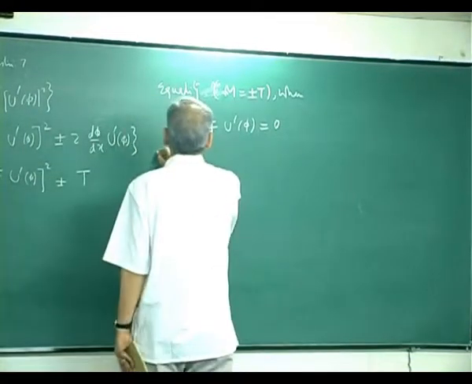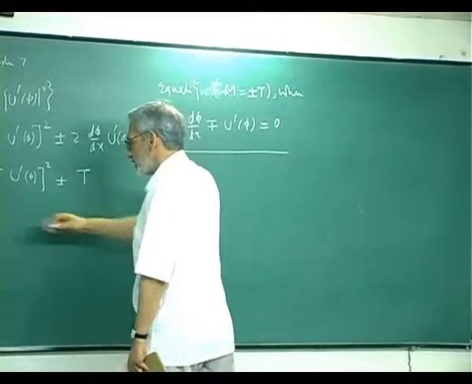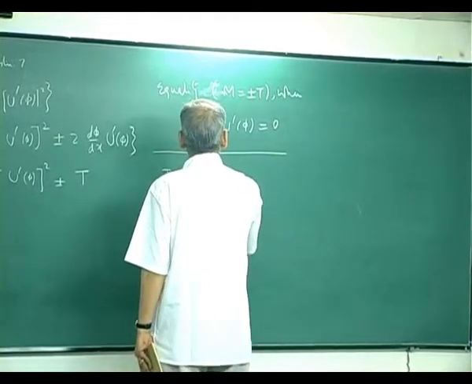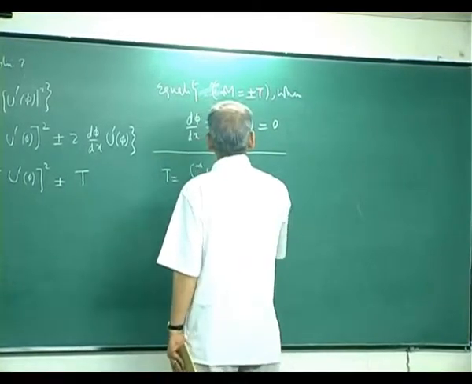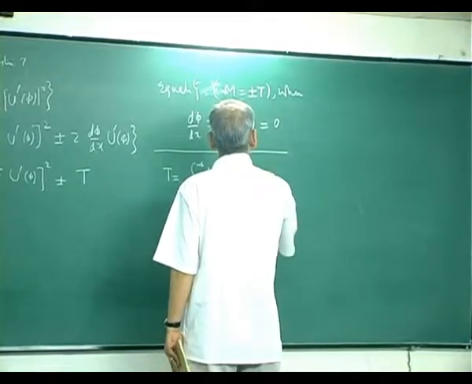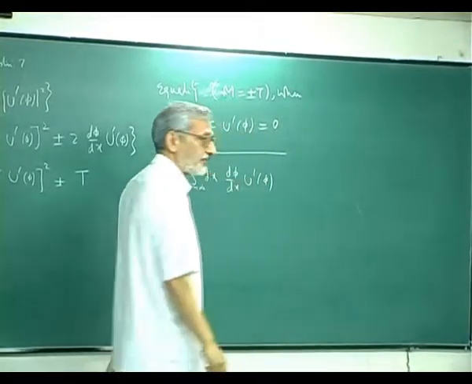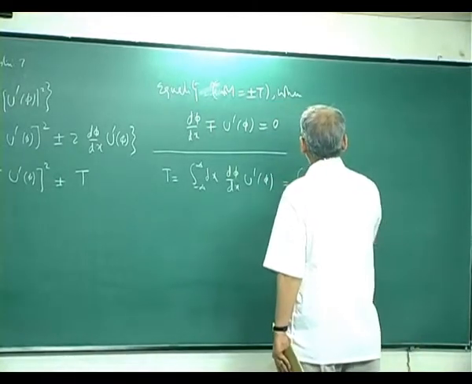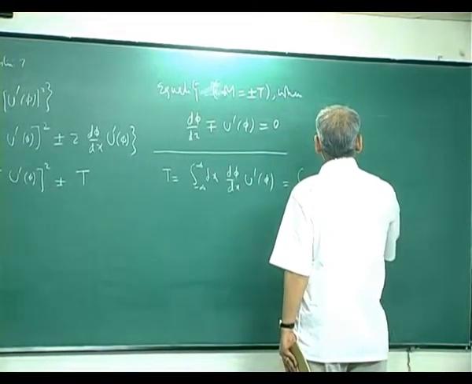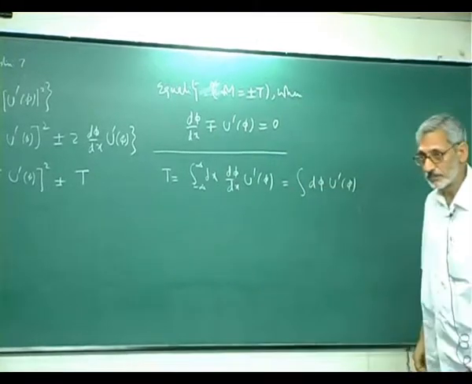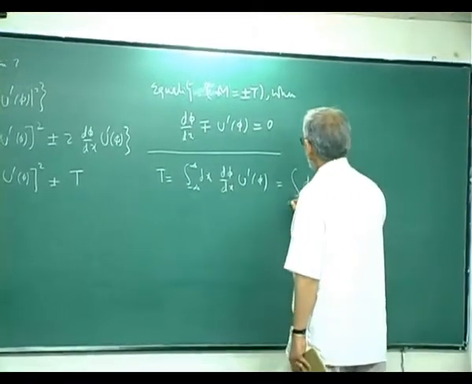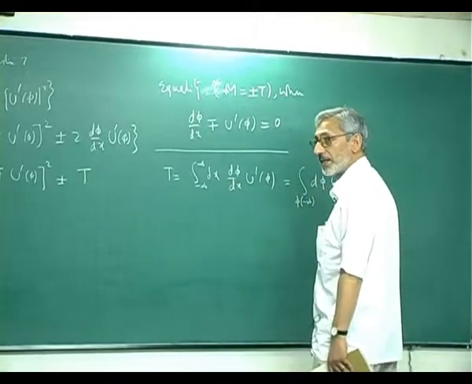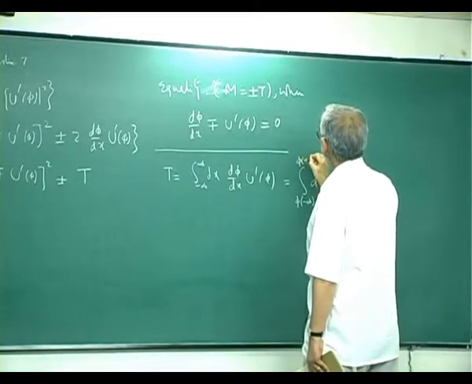Okay. Now let's look at this object T, the integral from minus infinity to plus infinity of d phi by dx times U'(phi). This I can write as the integral of d phi of U'(phi), from the value of phi at minus infinity to phi at plus infinity.